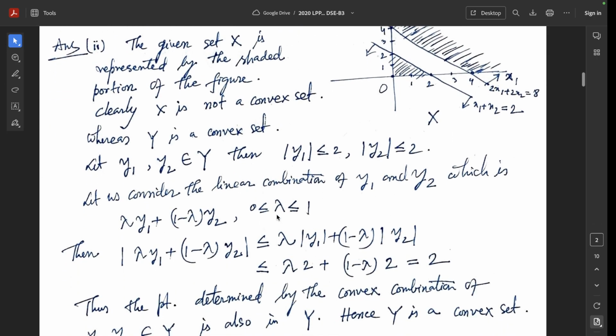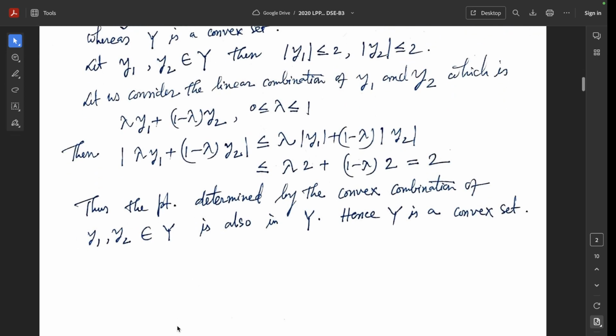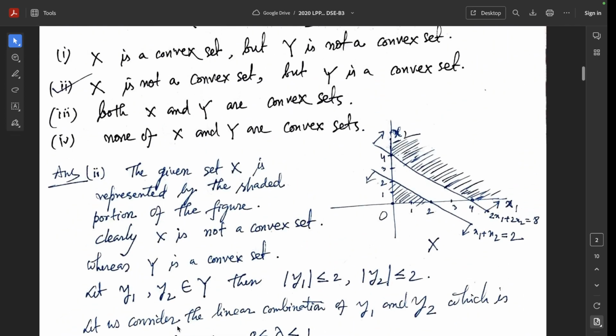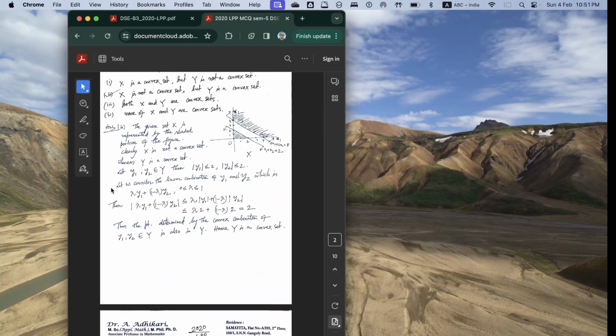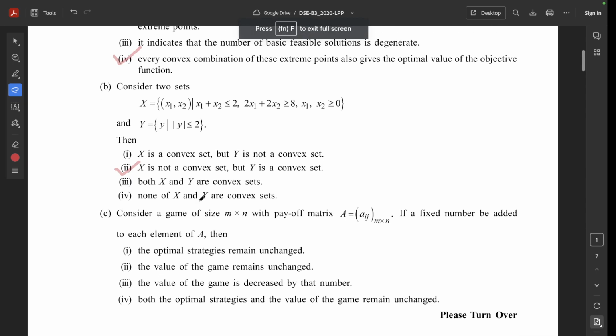Let us consider the linear combination of y1 and y2, which is lambda y1 plus 1 minus lambda y2, for 0 less than or equal to lambda less than or equal to 1, and then the mod of this is less than or equal to 2. Thus the point determined by the convex combination of y1 and y2 belonging to capital Y is also in capital Y. Hence capital Y is a convex set. Hence the correct option is 2. Next question.